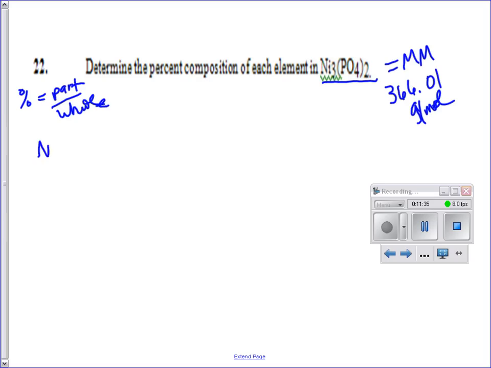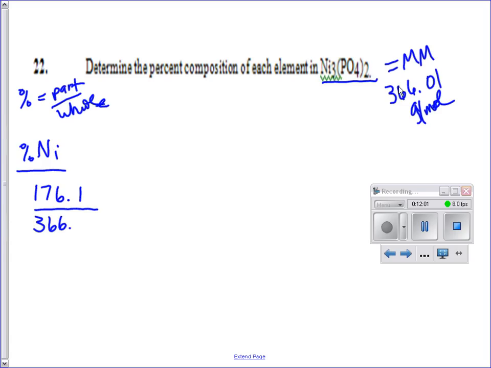So I'm going to start with percentage of nickel. I need to be sure to include all of the nickel, not just one, right? So it would be 3 nickels. So 3 times 58.69 is what? 176.07? Part over the whole of 366.01.